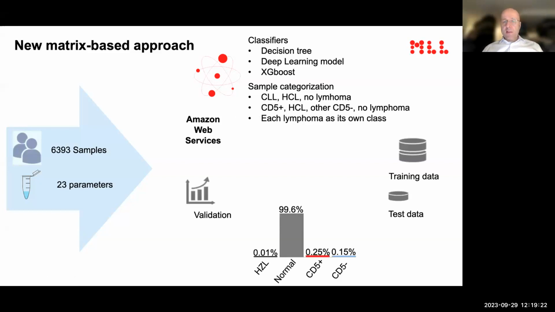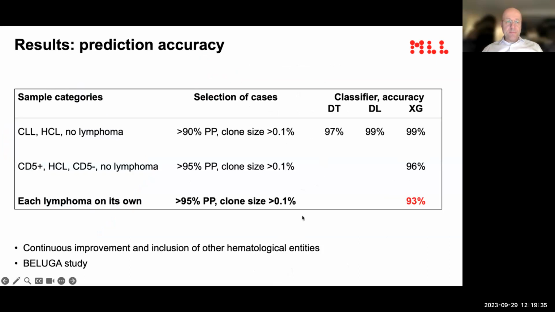We divided cases into training and test data, and again got the readout for each single case with an indicated prediction probability, like 99.6%.